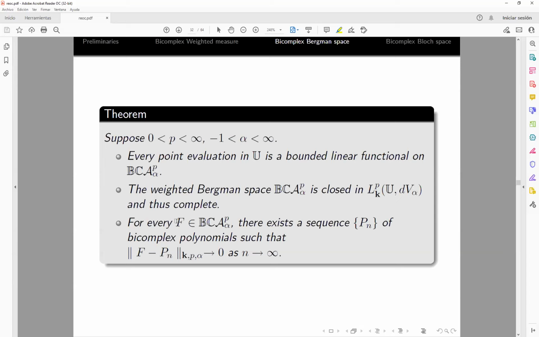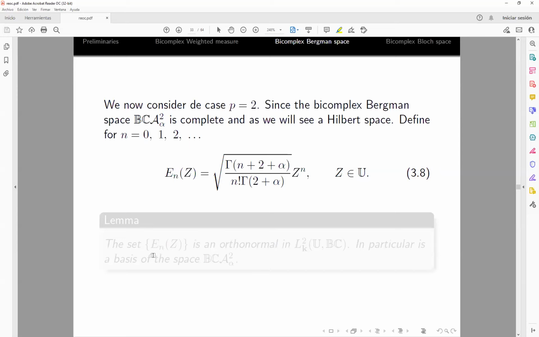And also for every function in the Bergman space, we can find a sequence of bicomplex polynomials that approximate our function f in this key norm. Now we consider the case p equal to 2.